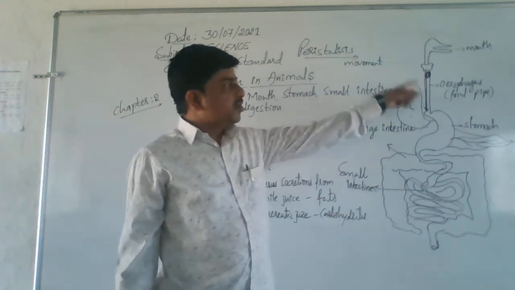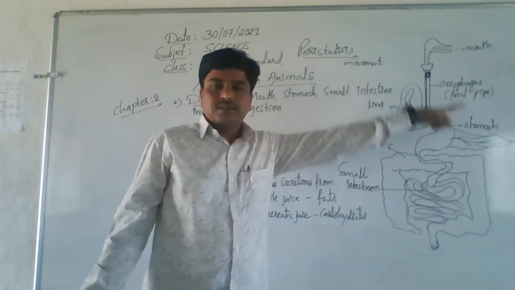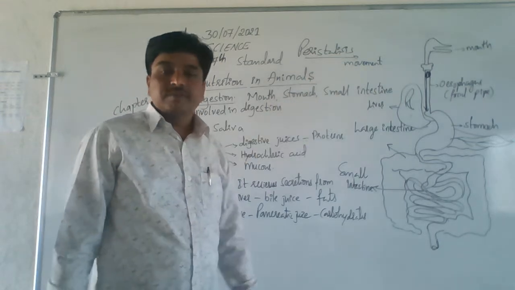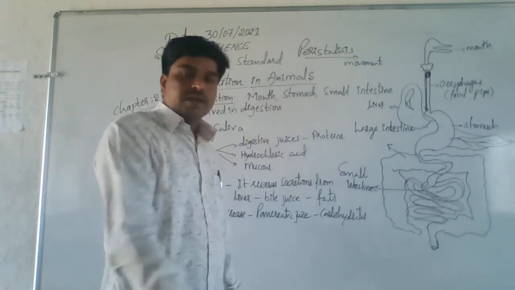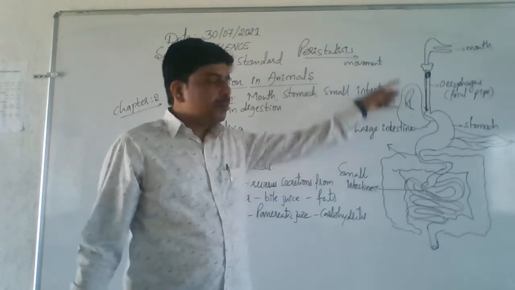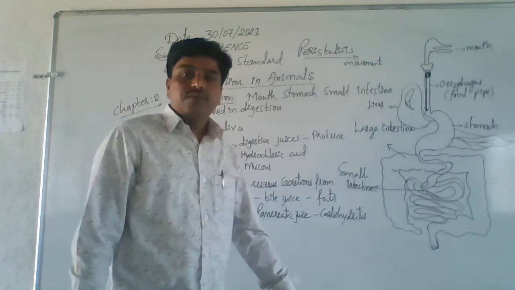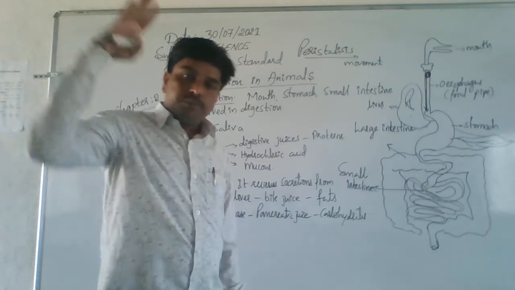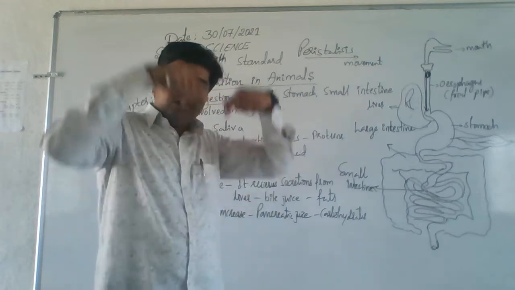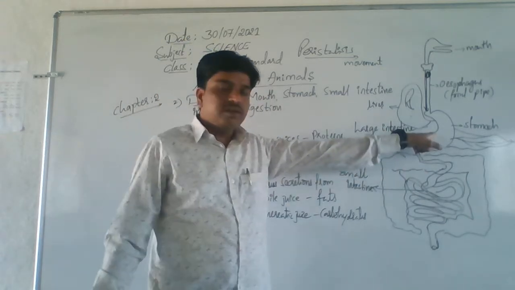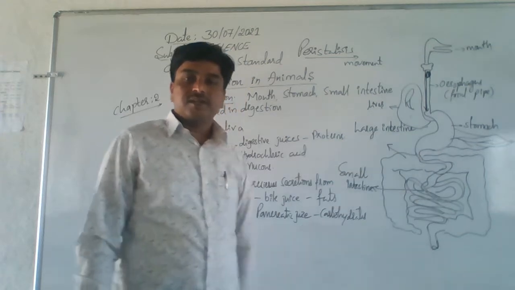How does it move the food down to the stomach? By the contraction and relaxation happening in the esophagus or food pipe. This contraction and relaxation pushes the food particle downward, and finally the food reaches the stomach.